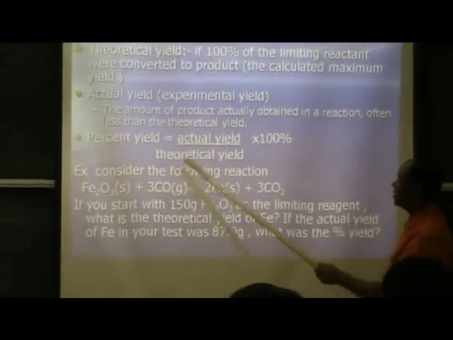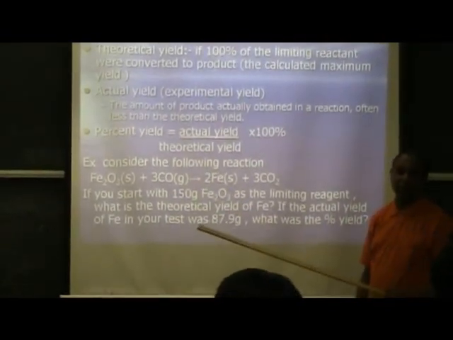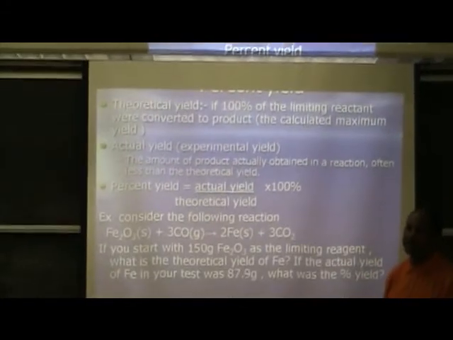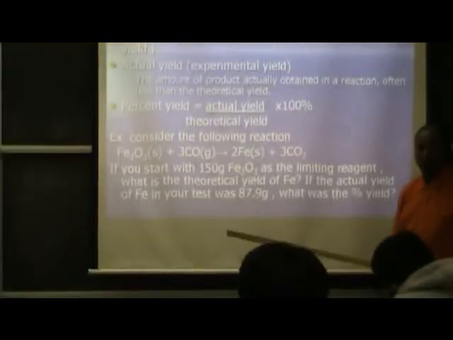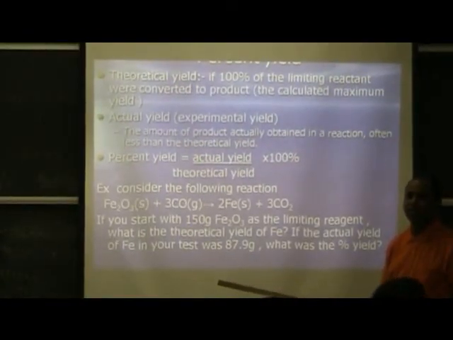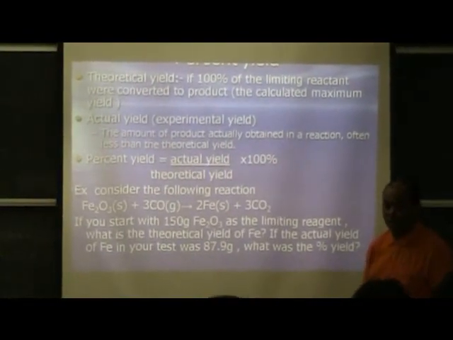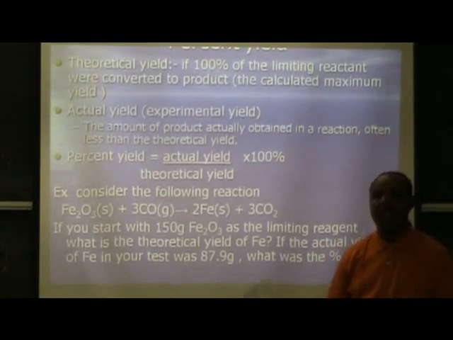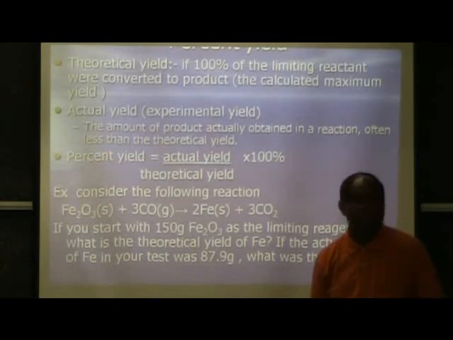What do you get? 84 point something, less than 90%. Is it a good result? No, it's not a good result. A good result means, you know, this is about money. You have to have over 95% for that.